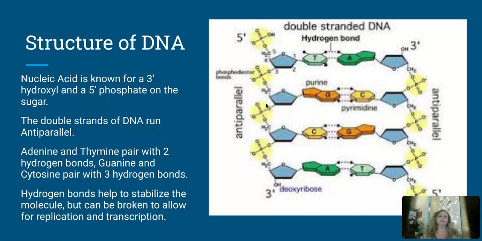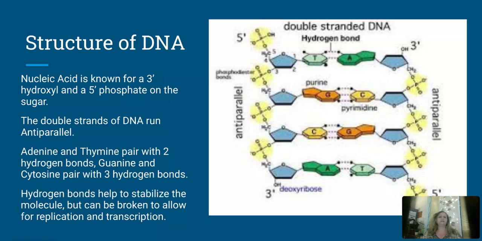And so in that regard, when we talk about carbons being either a 5 prime to 3 prime orientation or a 3 prime to 5 prime orientation, that's what we're getting at. We are getting at which numbered carbon each item is attached to.